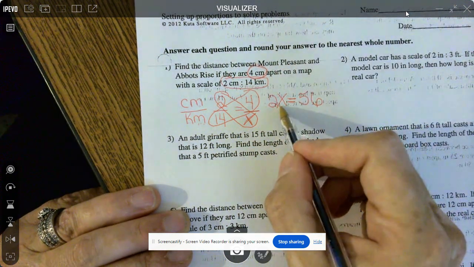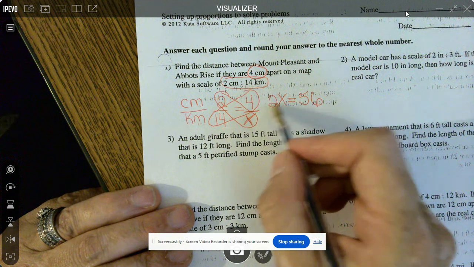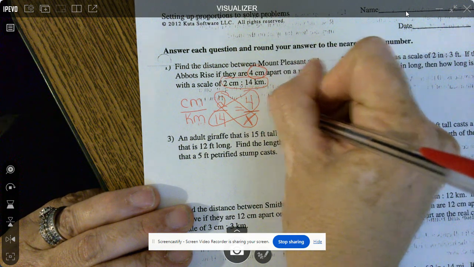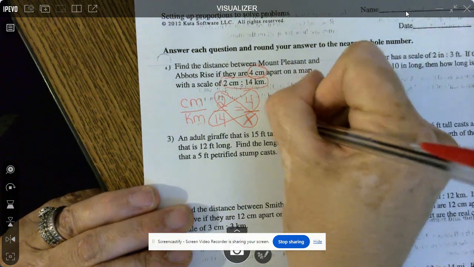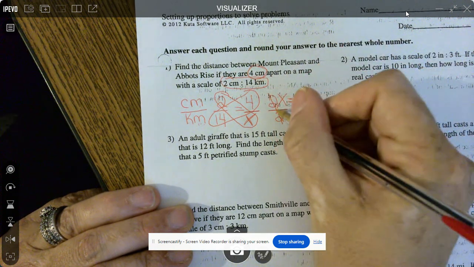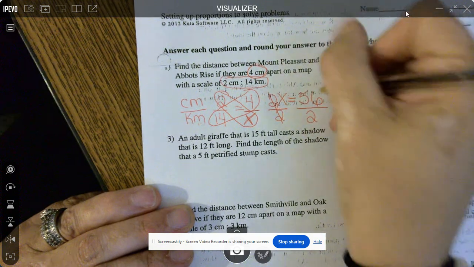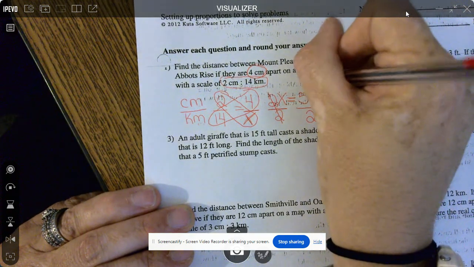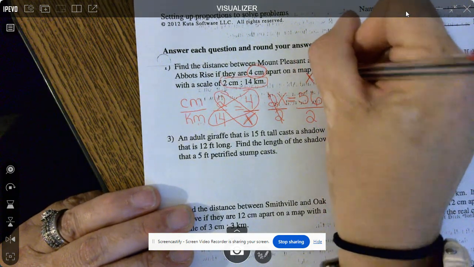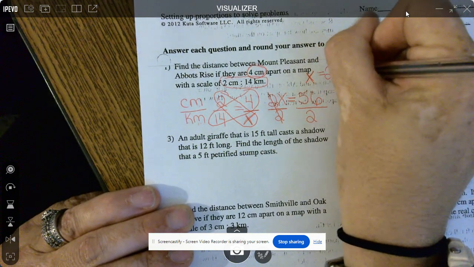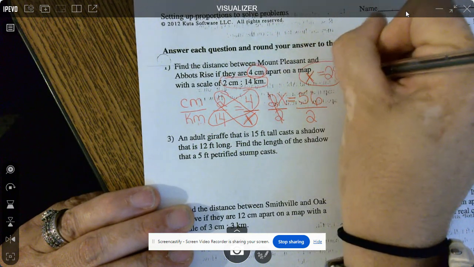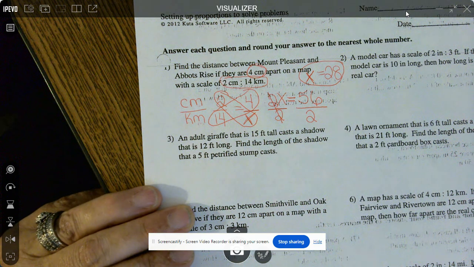To get x by itself, we do the reverse of multiplication, which we just did in Unit 2, and divide by 2. If we divide one side by 2, we need to divide the other side by 2. So x equals 28. Let's look at a few more.